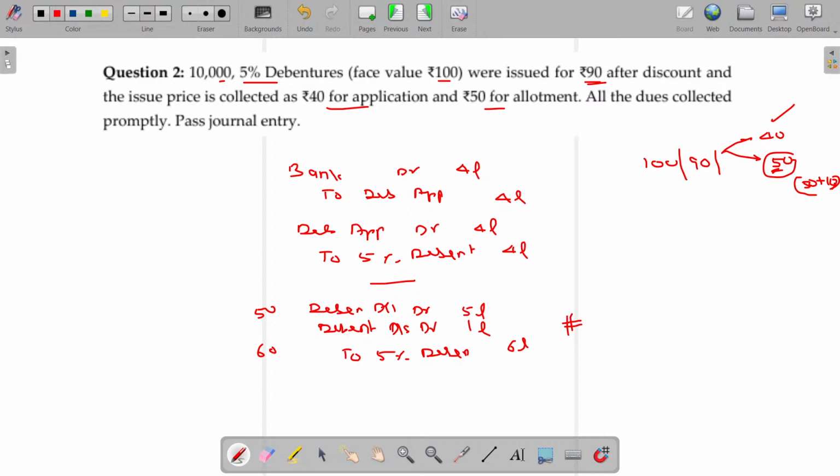And next entry being the collection entry, bank account debit to debenture allotment. This value being 5 lakhs.